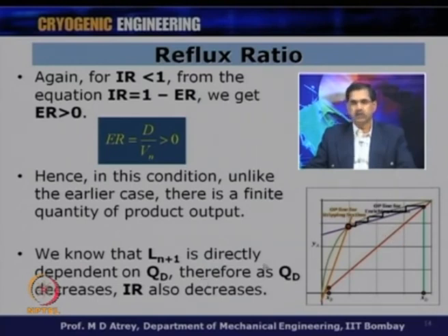As QD decreases, IR will decrease, and your operating line will move towards the equilibrium curve, meaning that the number of plates is going to be very high in order to achieve the purity which we want. It is also purity dependent, because the points XD and XB define the purity requirements from your side.